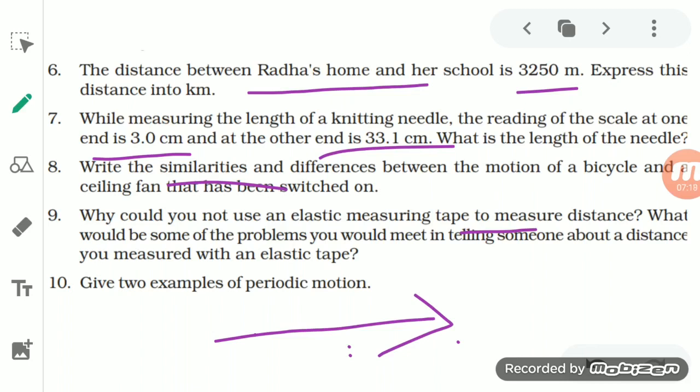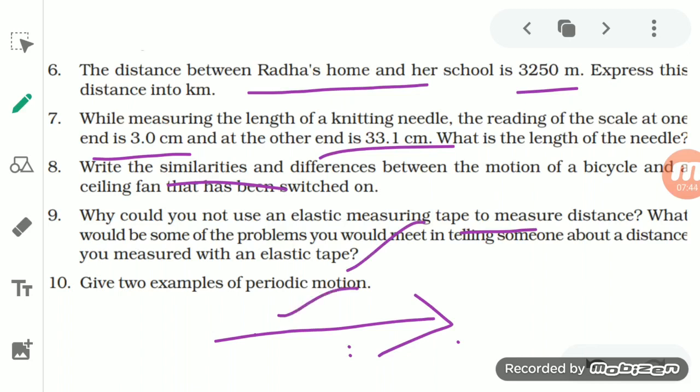So the length of an elastic measuring tape will change each time due to stretching, and so it will not give the correct measurement of a distance. Therefore, we do not use the elastic measuring tape to measure distance. While measuring the distance with an elastic tape, we get different values for the same distance because of the stretching, and that's why we do not use it.